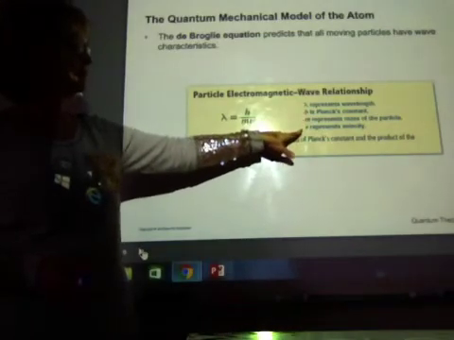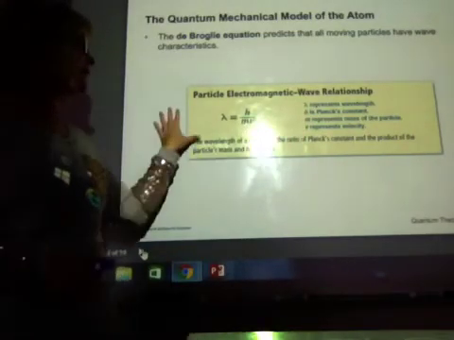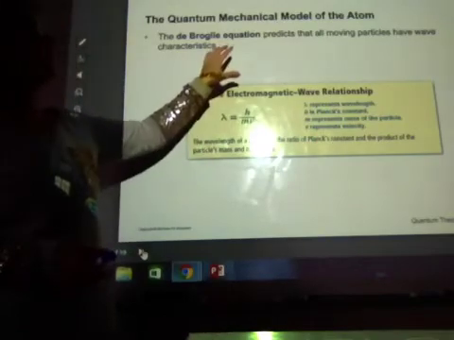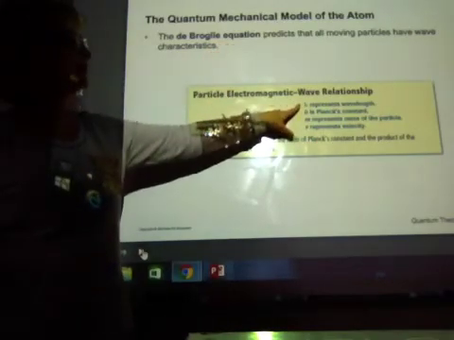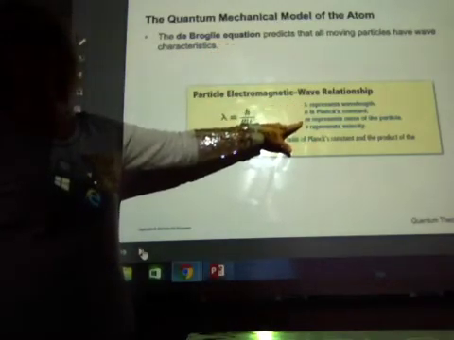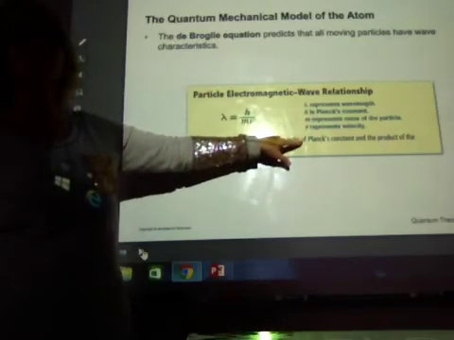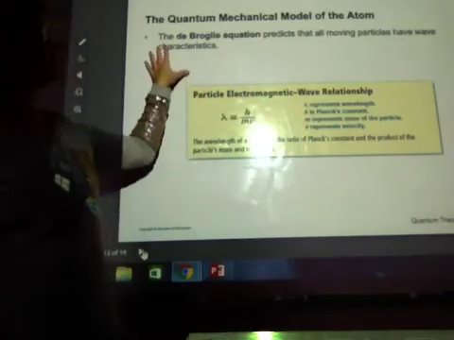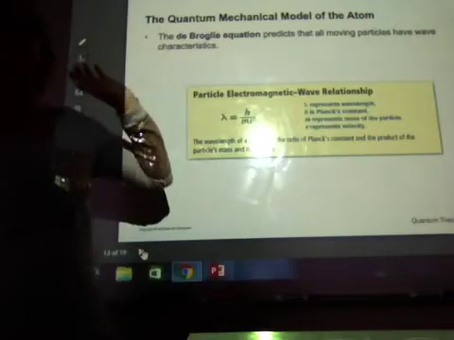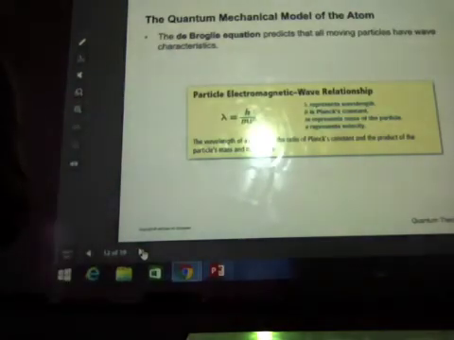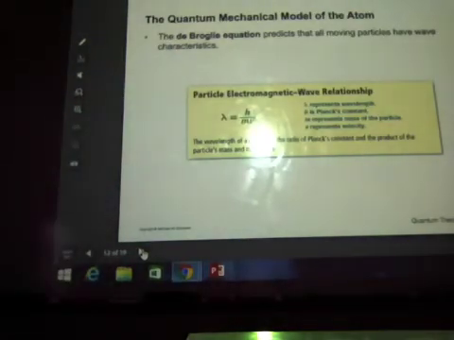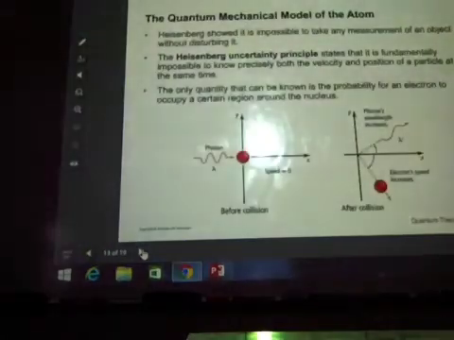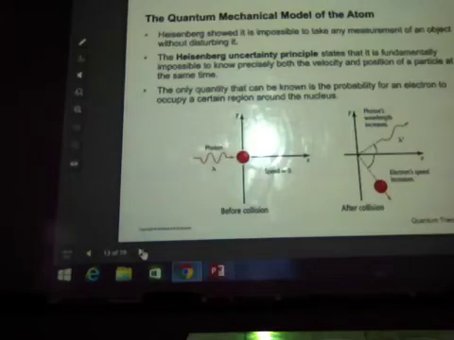I'll look at the mass, I'll look at velocity. I can plug it in, and I can find a wavelength for anything that has mass and is moving. So basically, de Broglie's equation shows that moving particles have wave-like properties. And he used math to help reinforce that.